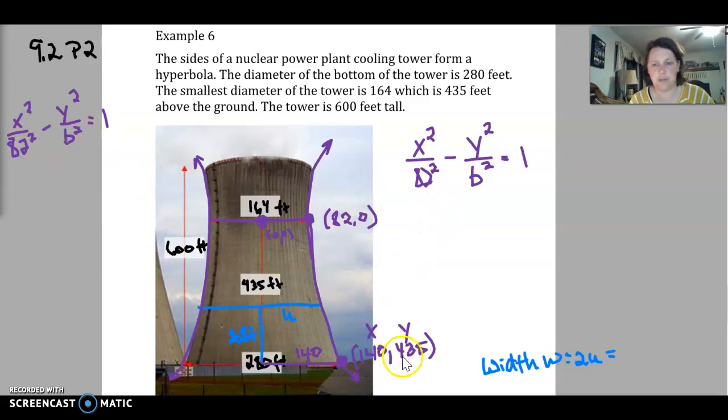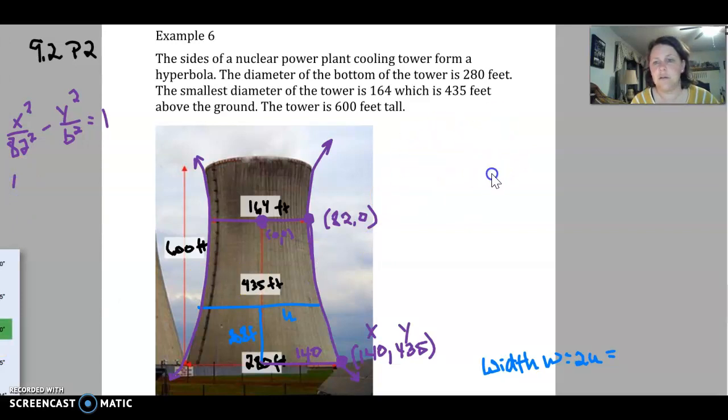Now what we're going to do is plug this 140 and 435 in for x and y. So now we have, let's do that over here. We'll have room over here now.